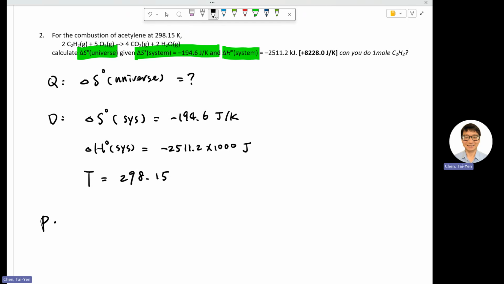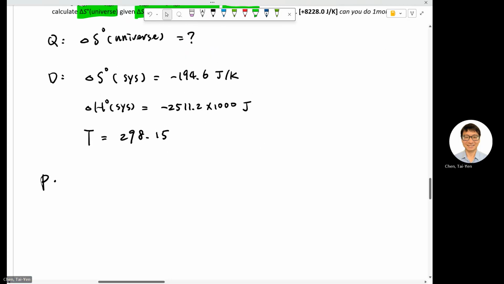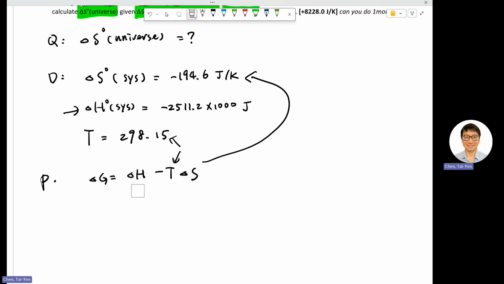So previously we actually only talked about one equation containing both terms, which is delta G equals delta H minus T delta S. In this case, you have the temperature and you have delta S. From the given information, the quantity they can calculate is your delta G, right?